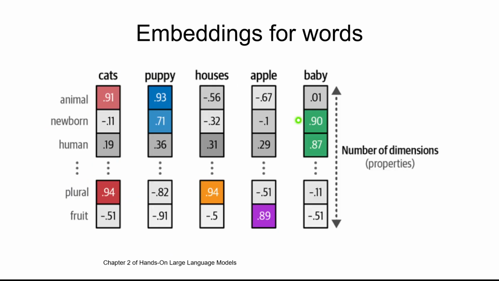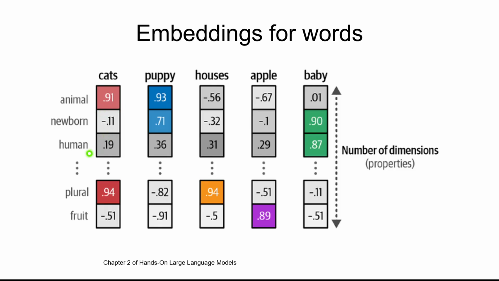And we also talked about how we interpret embeddings, for example, for words. So we can see each dimension as encoding specific information for the word. For example, the first dimension can represent whether the word is related to animal. So in this case, cat and puppy have a very high score because they both represent an animal.